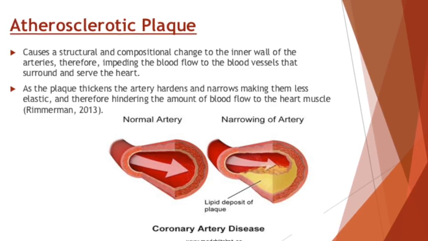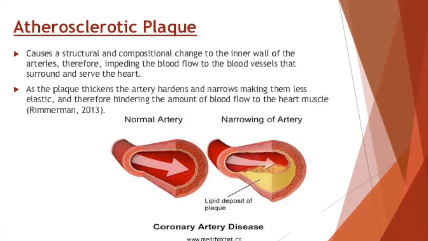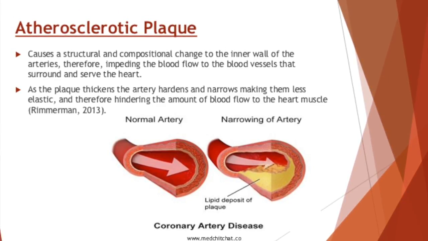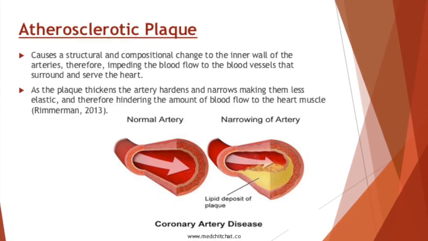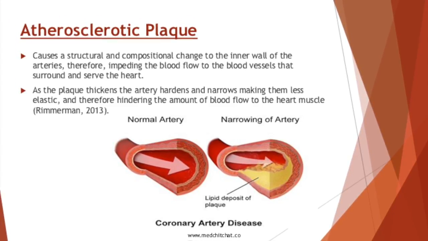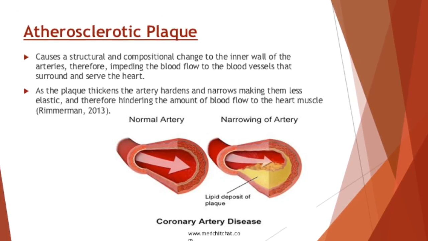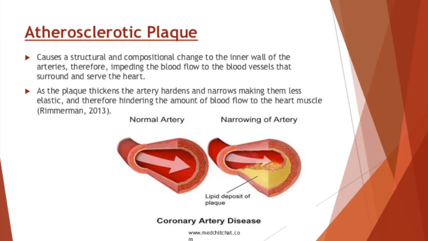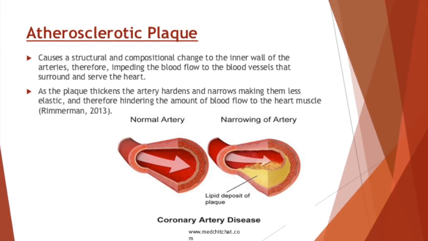The plaque thickens and uses cholesterol and protein and muscle cells to repair itself, and as it thickens, the artery actually hardens and narrows, making it less elastic, and that also hinders the amount of blood flow to the heart muscle. This plaque can also break off, and when it breaks off, it can cause a clot to form, and if the clot becomes too large, it can also block blood flow to the heart muscle.